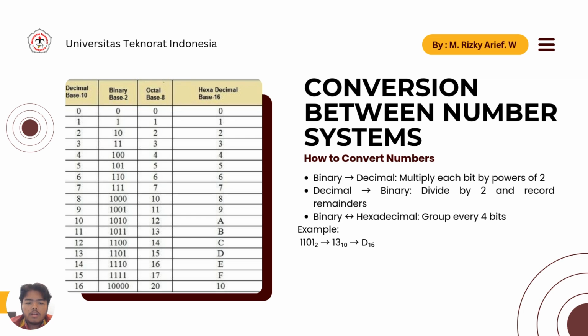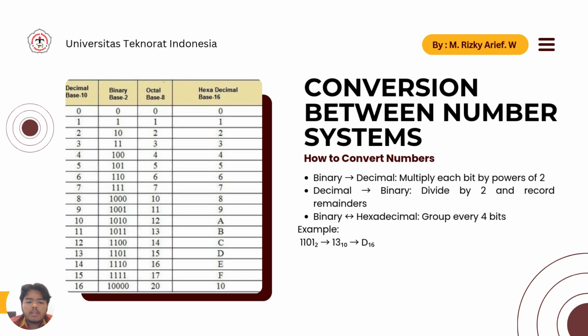How to convert numbers between different number systems? First, to convert from binary to decimal, we multiply each bit by a power of 2, starting from the right. For example, the binary number 1101 equals 13 in decimal. Next, to convert from decimal to binary, we divide the number by 2 and record the remainders.